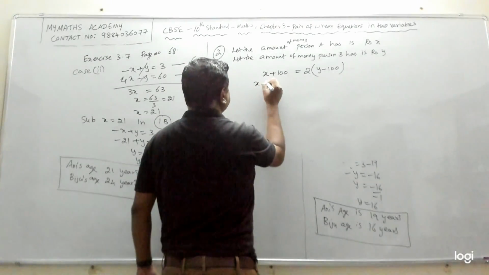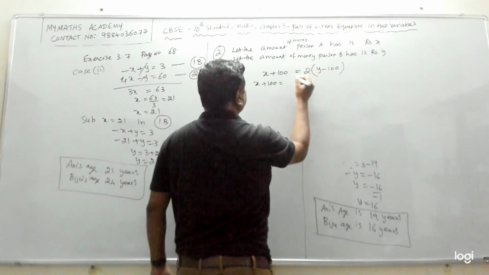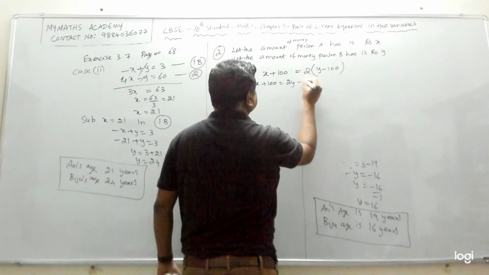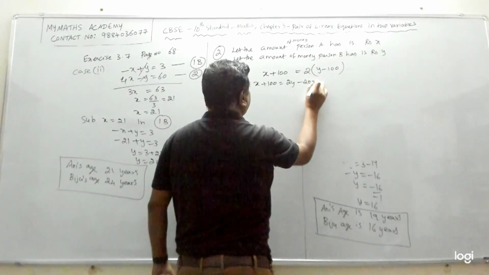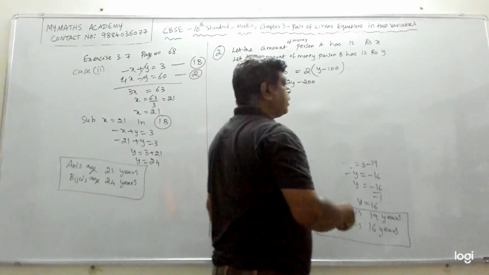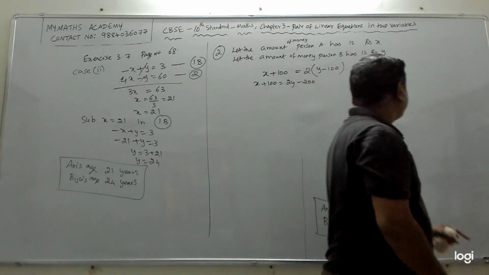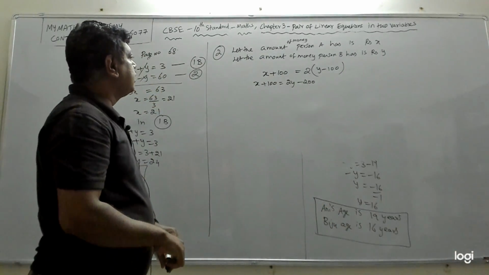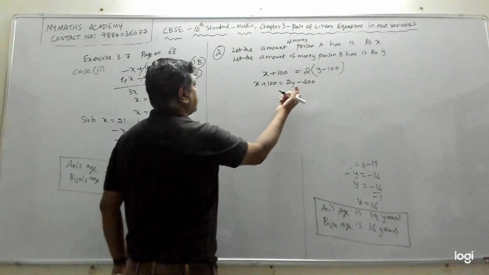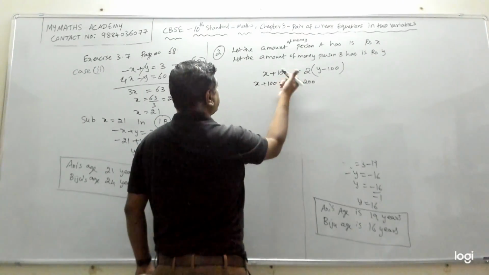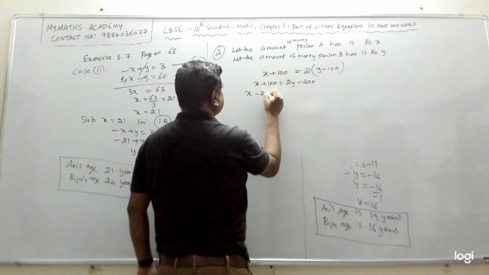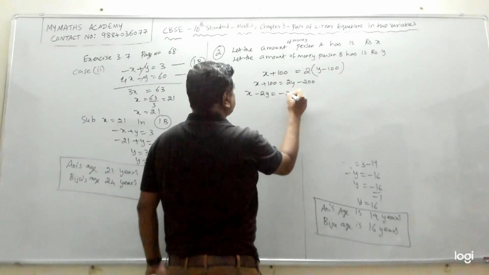What do we get? X plus 100 equals 2 into Y minus 100, which is 2Y minus 200. I will bring my X and Y to this side. If 2Y comes here, I'll get X minus 2Y equal to minus 200.